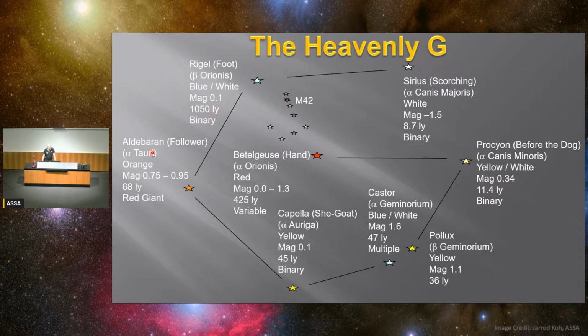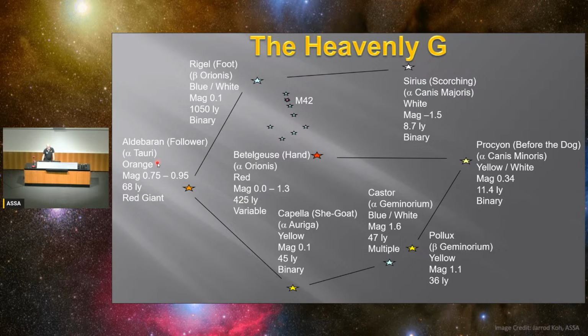we come to Aldebaran, which means the follower. So this is Alpha Tauri. So this is the brightest star in the constellation of Taurus. And it's a noticeably orange star, a bit like Arcturus. It's a red giant.